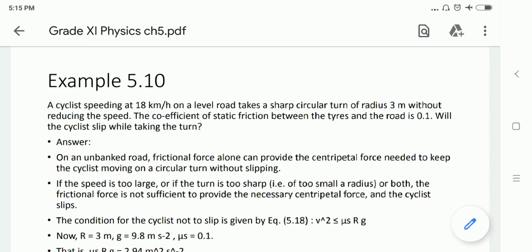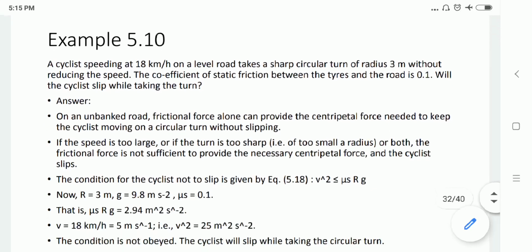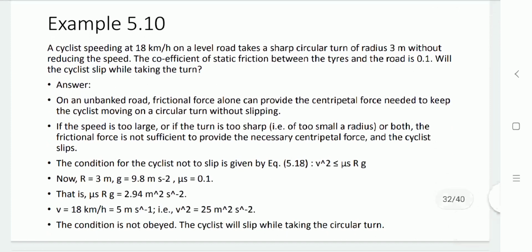If we take its v square, we are getting 25 meter square per second square, and the maximum v square would be limited by our calculation to 2.94 meter square per second square. So the speed of the cyclist is much higher than required, and the cyclist will slip while taking the circular turn. This is how we can define it.